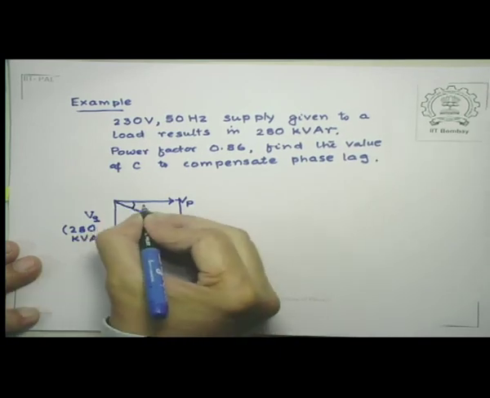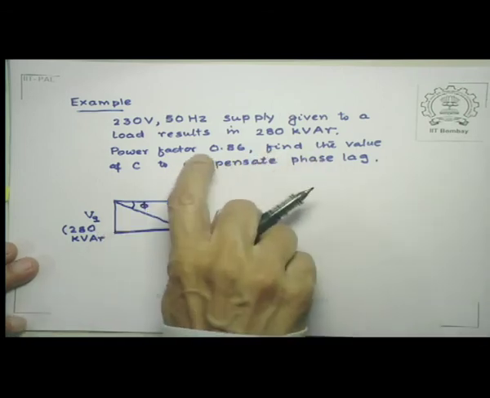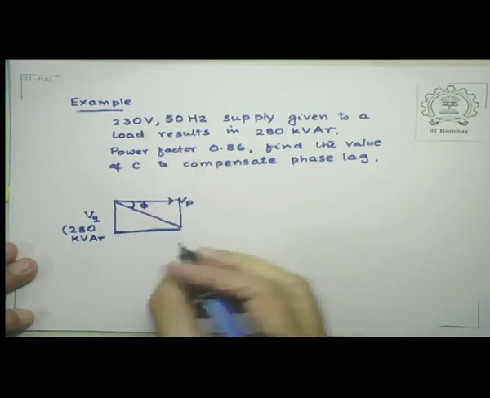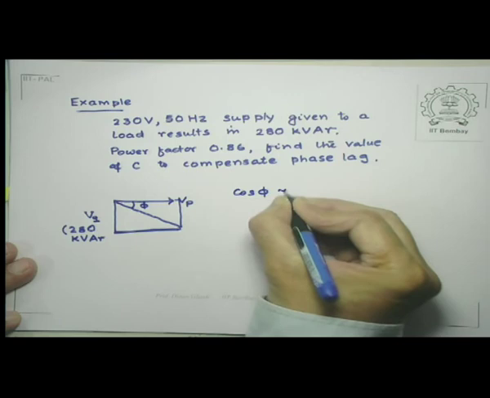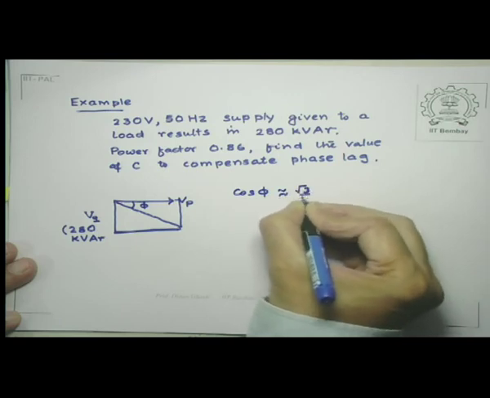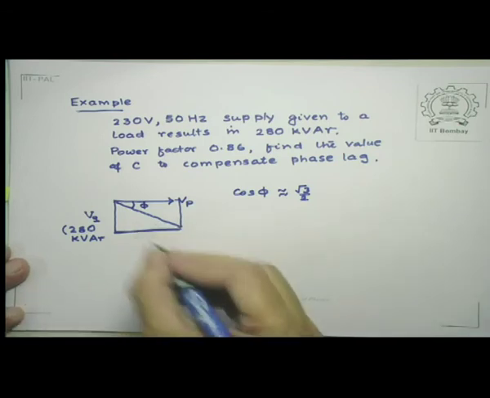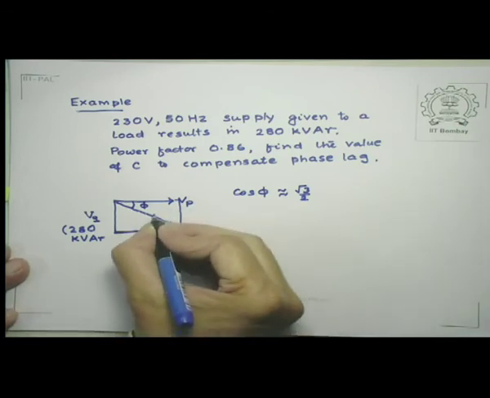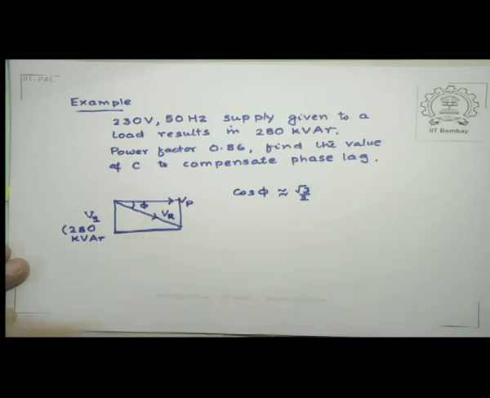This angle is phi, which is given to be, since power factor is cosine of phi, so cos phi is approximately equal to root 3 by 2. So my phi is of course 30 degrees, and this is my apparent power. Let's call it Vr.